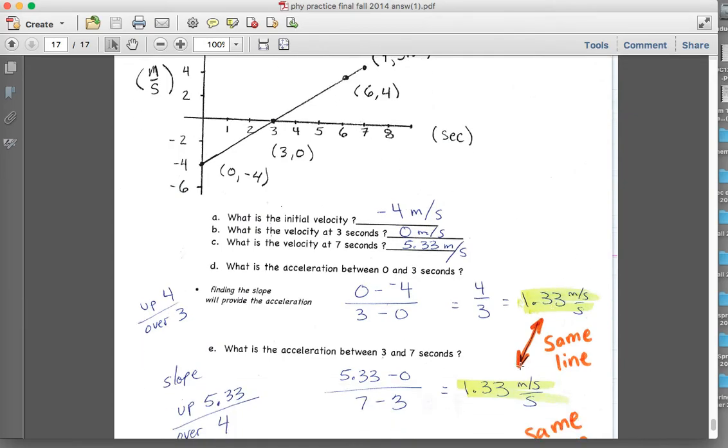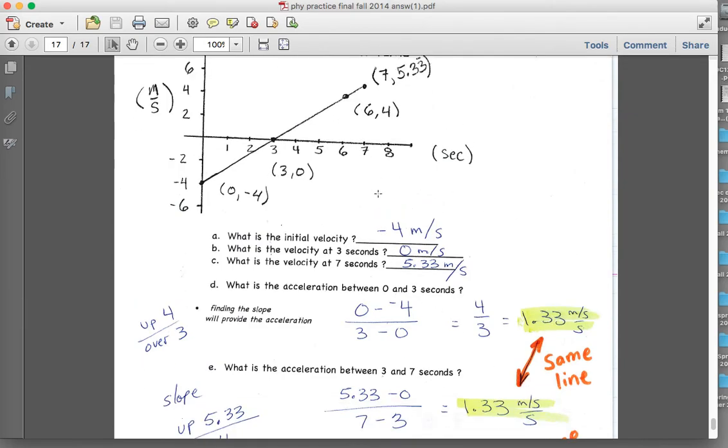So find the accelerations. Now, a good hint on this is if this is one line, that really is one value. It's the same acceleration the whole time. So it goes back to those questions like throwing a ball up in the air. Up or down is the positive direction. This would be throwing a ball up in the air.